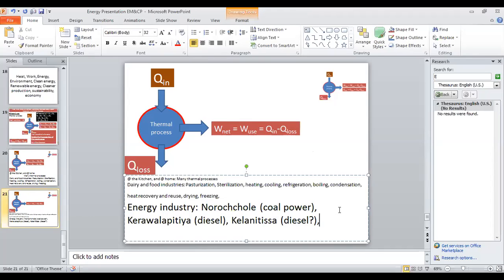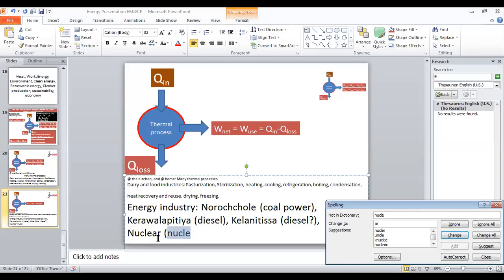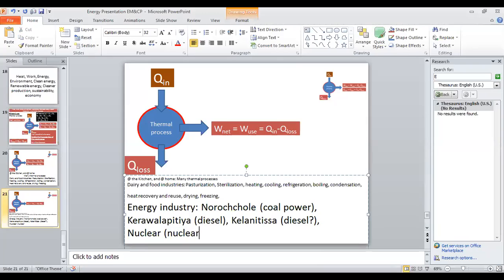Even if we don't have it, there should be nuclear in the future. How here? Nuclear. Finally, you take heat or fire from nuclear fusion. Then from the heat, you generate steam.